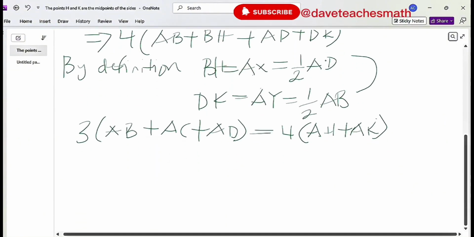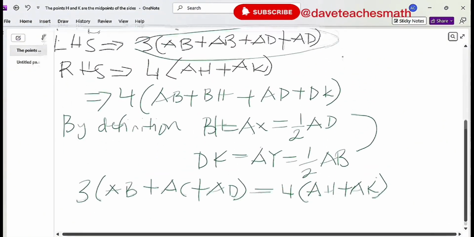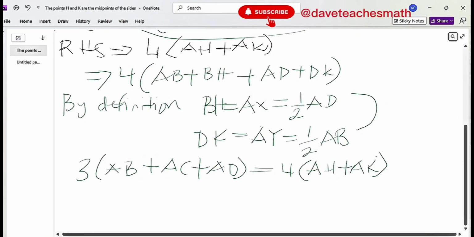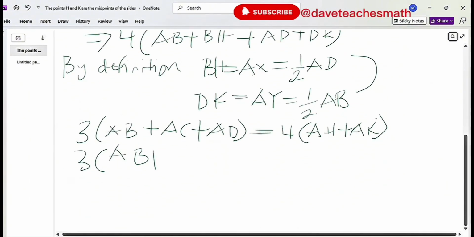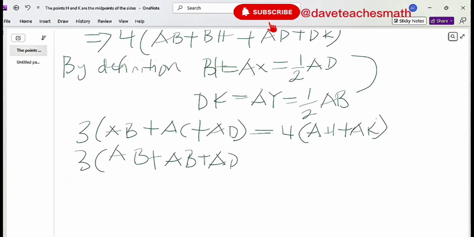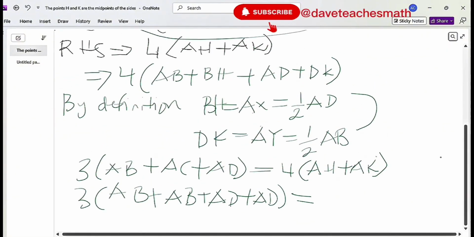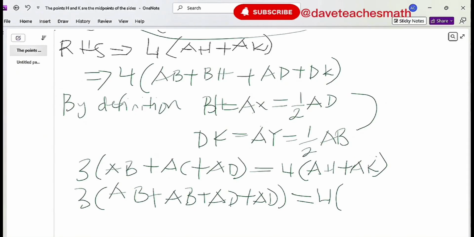For the left hand side we have 3 into bracket AB plus AB plus AD plus AD, which is equal to what we have on the right hand side, which is 4 into bracket AH, which we've already expressed.